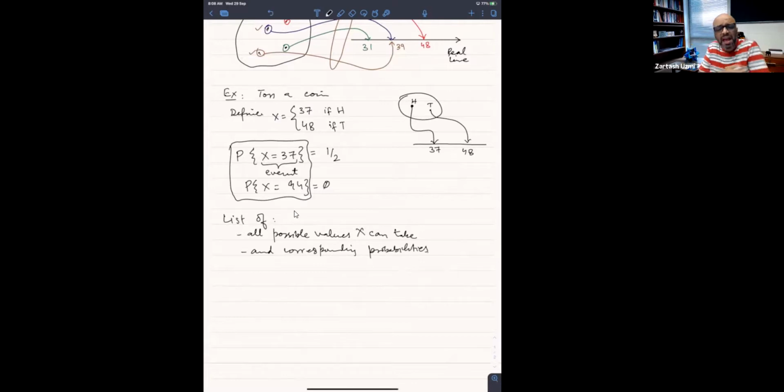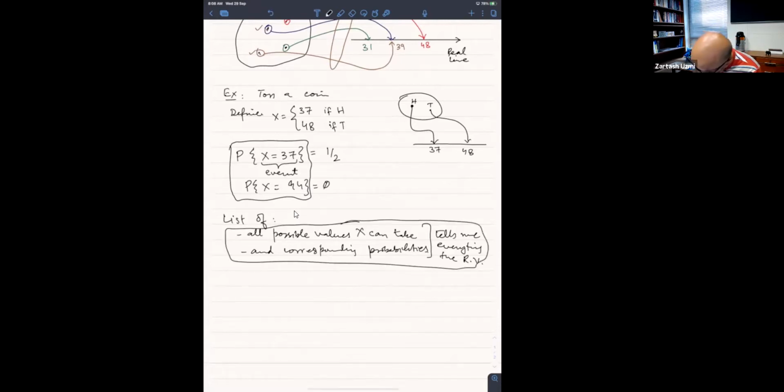This tells me everything about the random variable. Okay. And this information, by the way, this is called the probability mass function. इसको probability mass function भी कहते हैं, PMF.